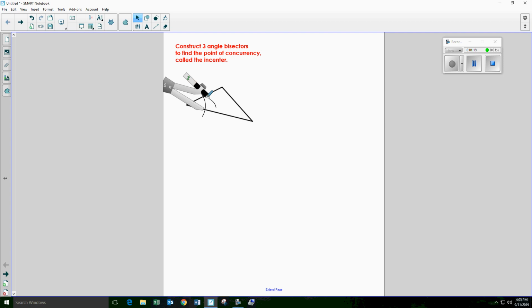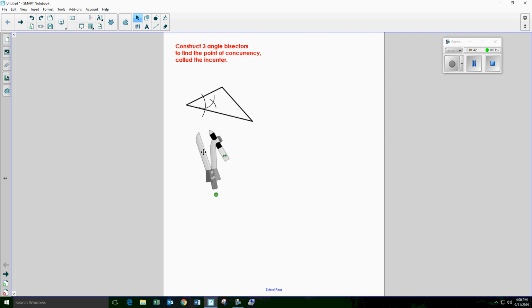So I open up more than halfway, draw my arc, and then just go ahead and move the cursor to the other point. Okay, and do the arc from that end. Okay, and then I have it. There's one done. Oops, let's redo that. Okay, right there.